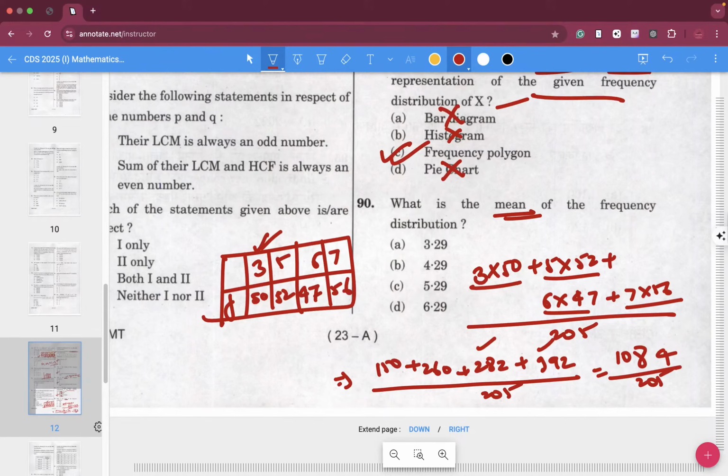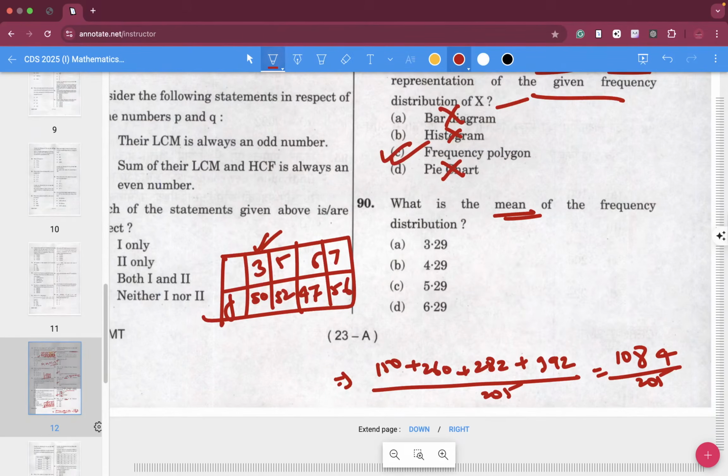From here what we will do is something called approximation. We got this value over here, so we do what we call approximation. So 205 into 5 is how much? 1025. Since this particular value is more than 1025, the value has to be more than 5.